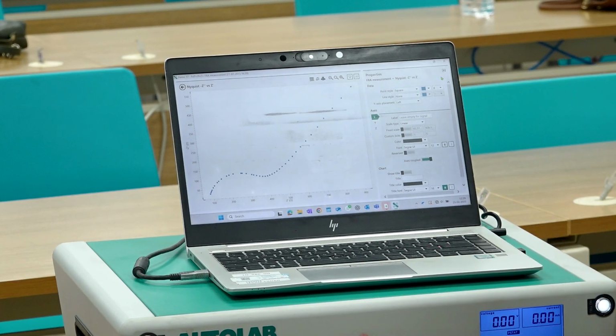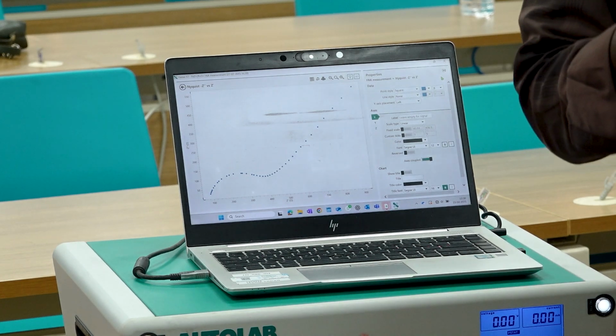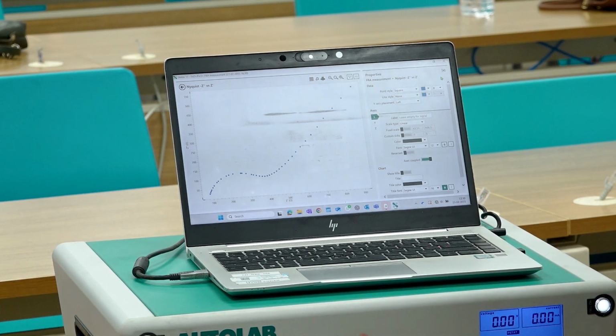After the semicircle, whenever you are getting this 45-degree line, this is very important. This 45-degree line denotes the diffusion property. The name is Warburg impedance.